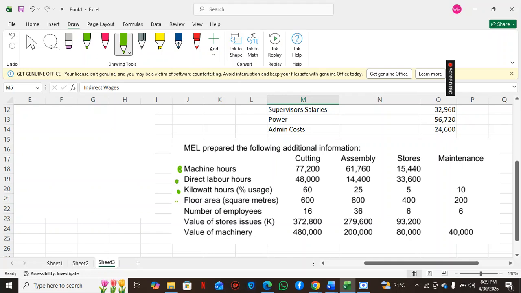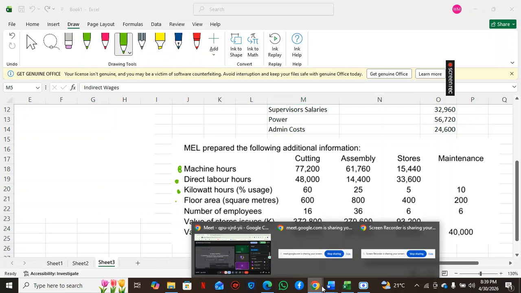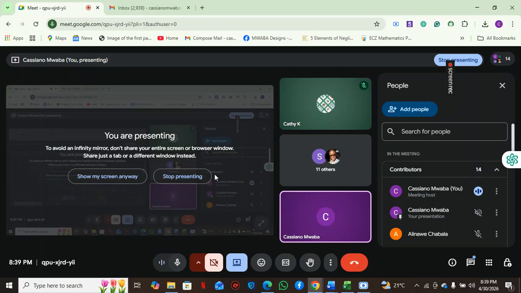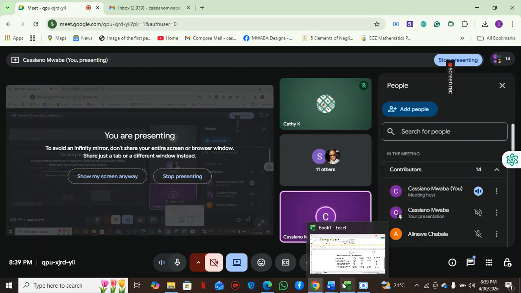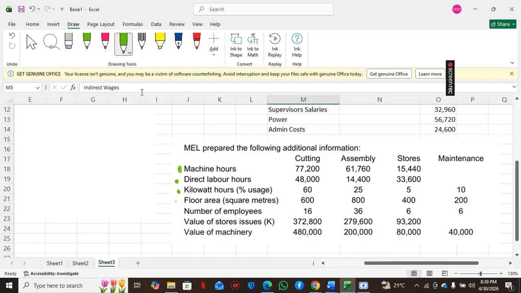Floor area, colleagues, is it logical? Because remember, you have to just choose which one is logical. So, do indirect wages and the floor area have any relation? Do you think there is a relation? I don't think there is a relation.